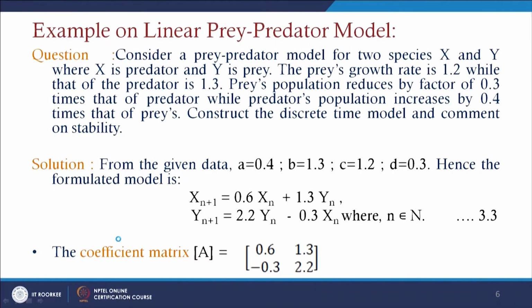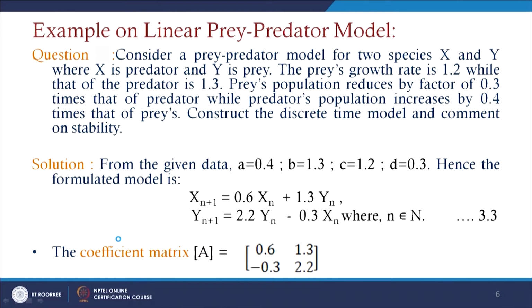Then x is the predator and y is the prey. The prey's growth rate is, suppose, 1.2, while that of the predator is 1.3, and the prey's population reduces by a factor of 0.3 times that of the predator, while the predator's population increases by 0.4 times the prey's population.